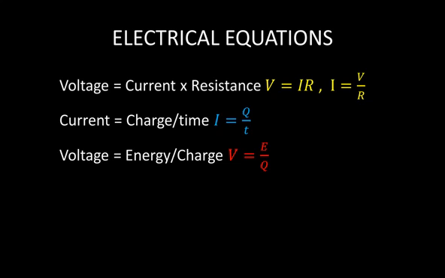The first of which is voltage equals current times resistance. And I put two equations to the side. I think one that'll be easier to discuss is current equals voltage divided by resistance. Now, we said that current was a measure of how fast the electrons were going, and voltage is a measure of how much energy they have.